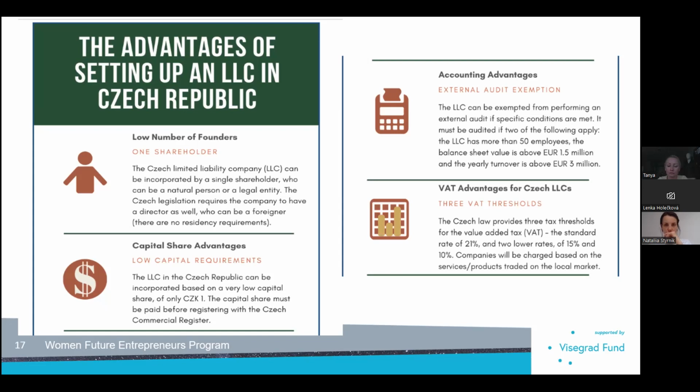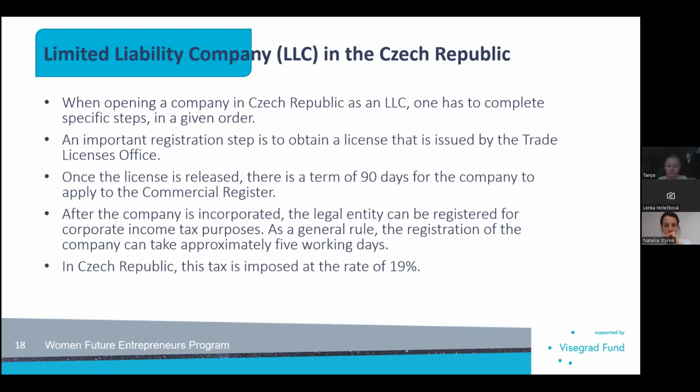Then there are also more advantages, but also some disadvantages, because it's a relatively longer process to set up a limited liability company in comparison with, for instance, a craft business. And the tax rate is 19% in comparison with a craft business, which has 15% income tax.